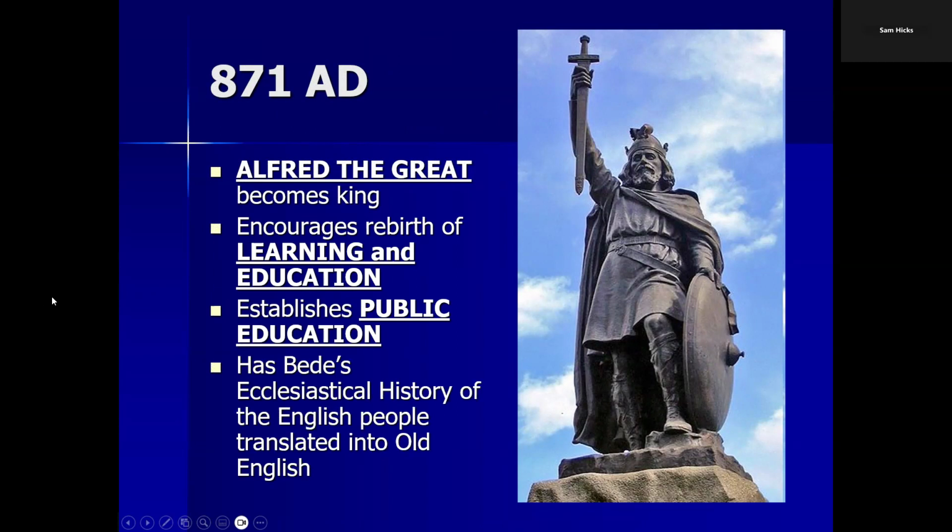Right, and one of the first things was Bede's Ecclesiastical History of the English People, and this was translated into Old English. Before this time, everybody read either Latin or Hebrew. And the common people did not learn how to read. That was a waste of time.